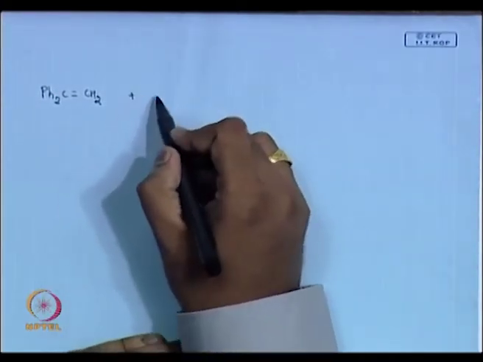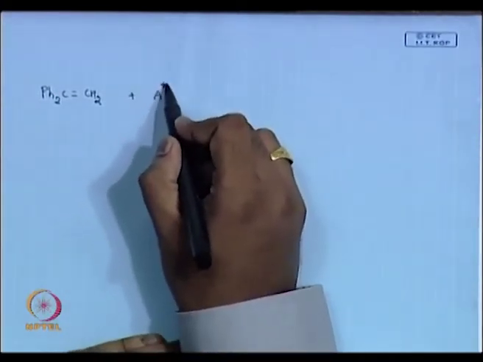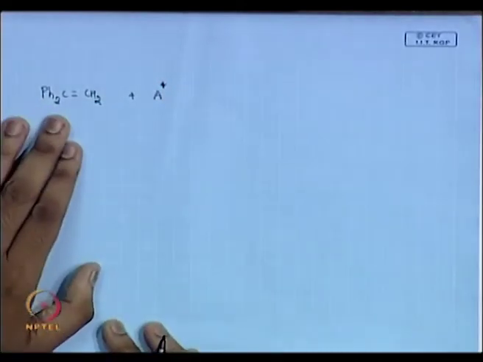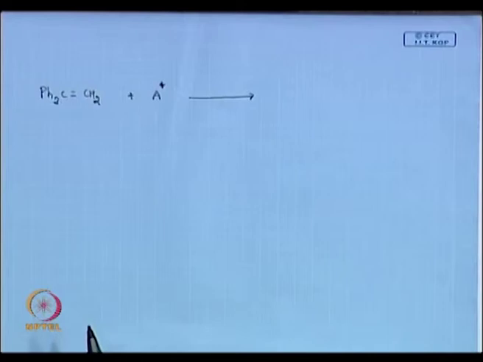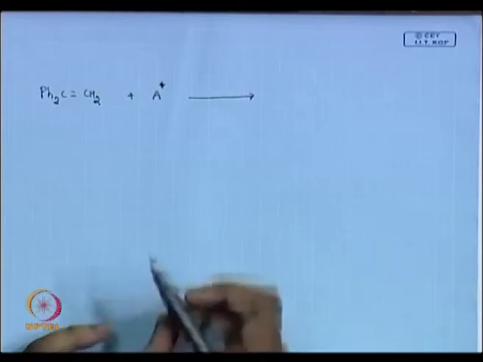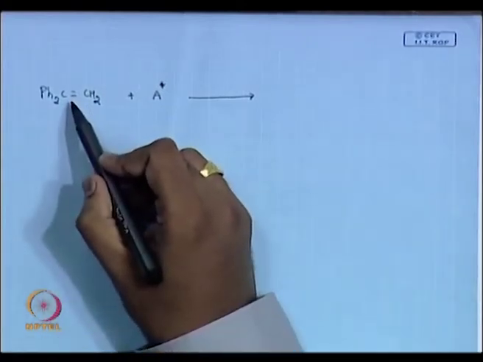So, I have an acceptor. The first condition is that I am exciting my acceptor, I am not exciting my substrate. What can the acceptor do now? It can take an electron from your pi system, right.